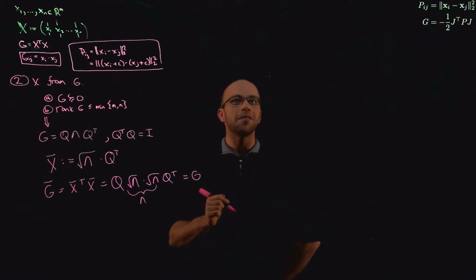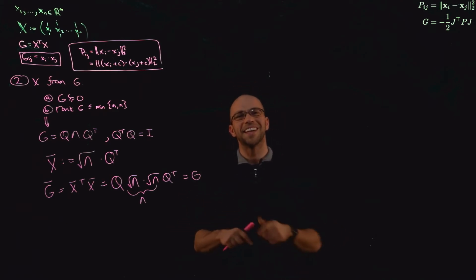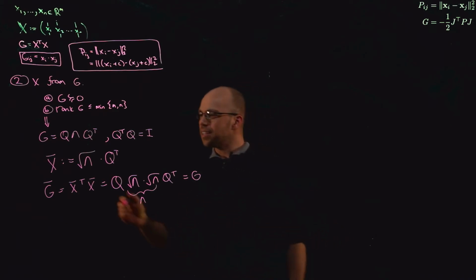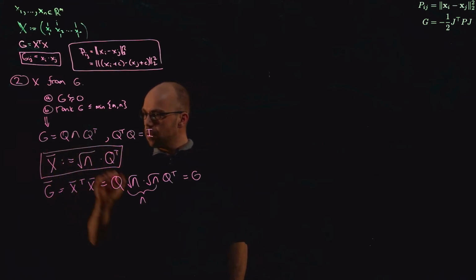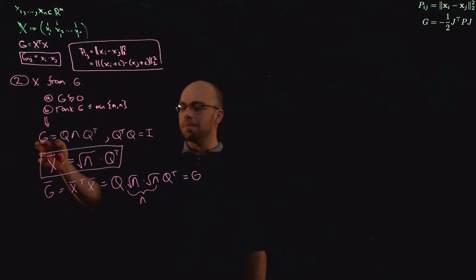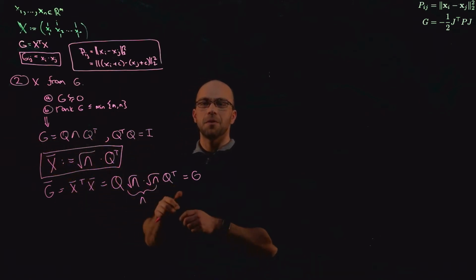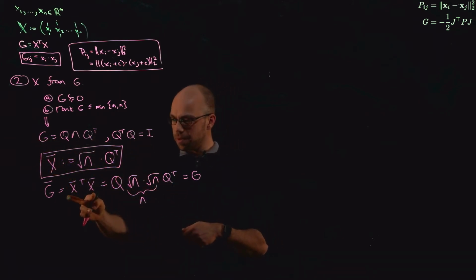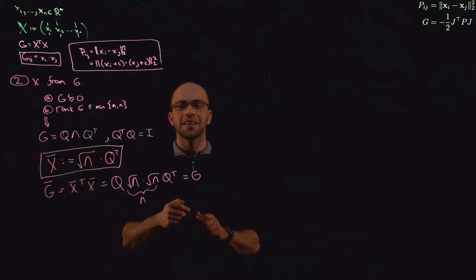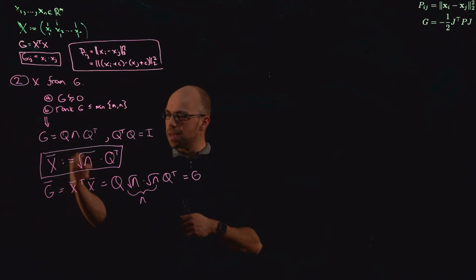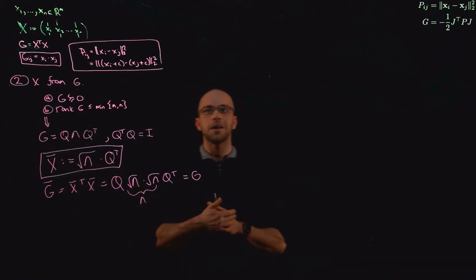Okay, so if we unravel our story a little bit, what did we just do? Well, I defined for you a point set x bar, which was obtained from a matrix G. What we showed is that x bar transpose x bar is equal to G. So in other words, G is the gram matrix of this particular set of points x bar.